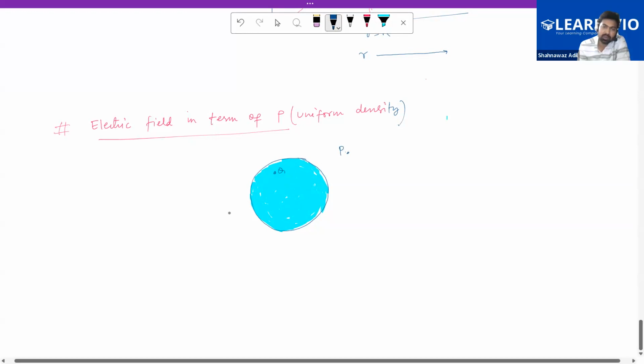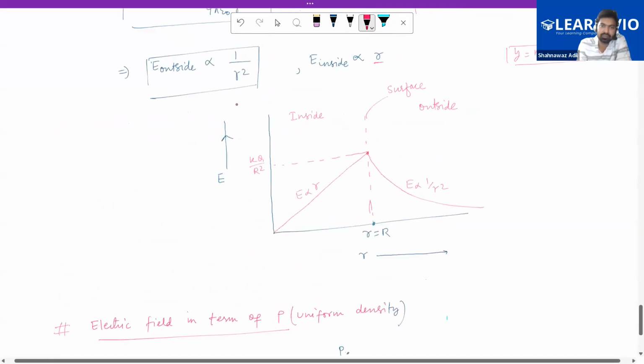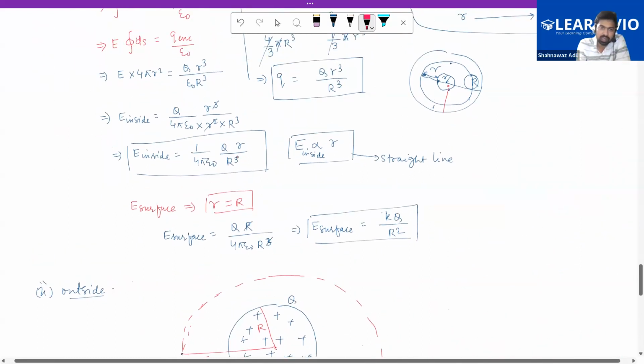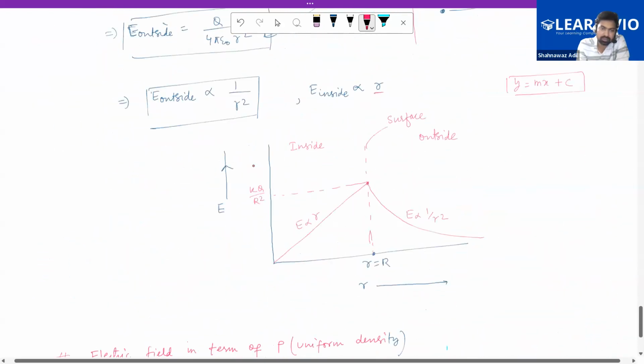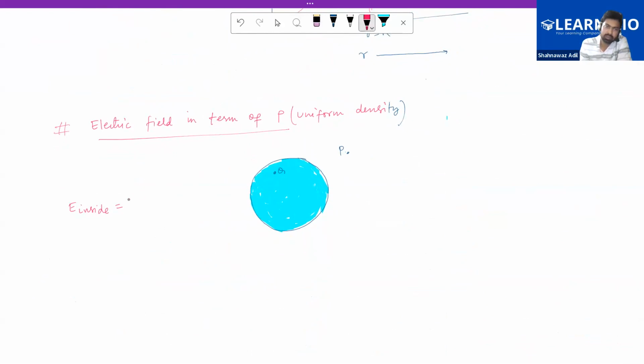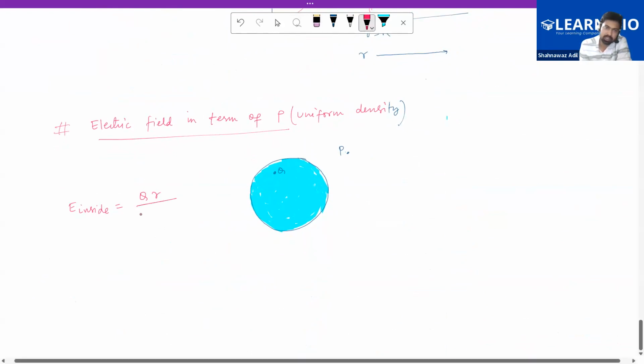At the Q point inside, we already know the electric field. The electric field is Qr by 4 pi epsilon naught R cube.